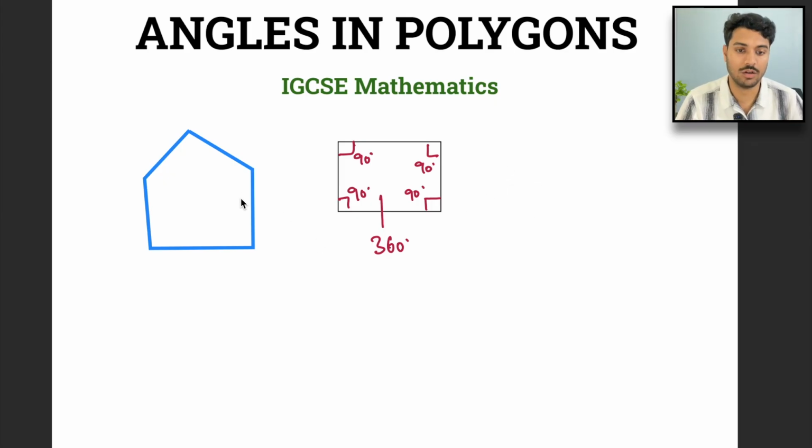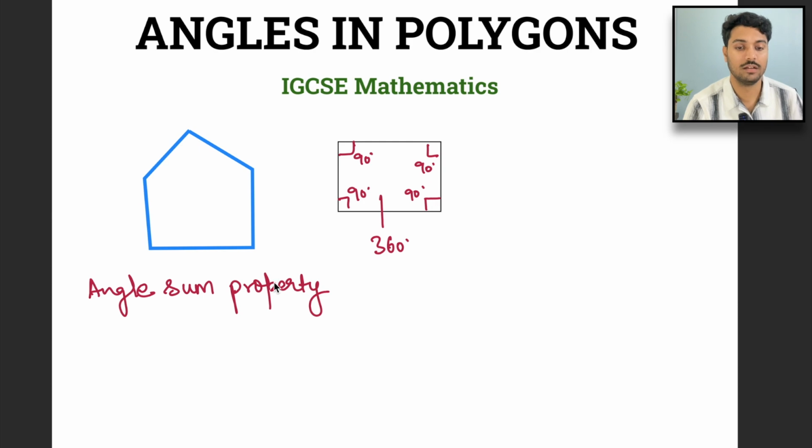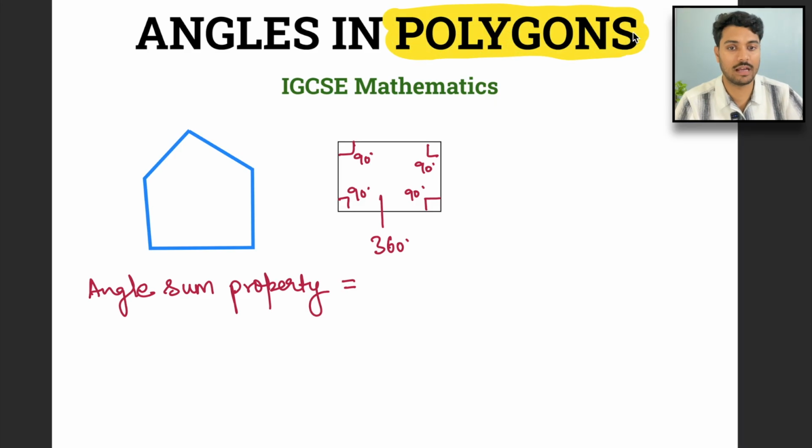But what about a pentagon, an irregular pentagon like this, or a regular pentagon? The angle sum property will give you the sum of all the interior angles inside a pentagon, and it can be calculated not only for a pentagon but for any polygon, be it a triangle, rectangle, pentagon or hexagon.